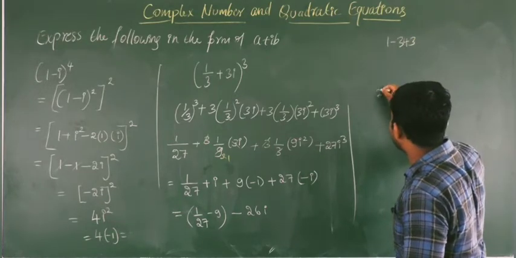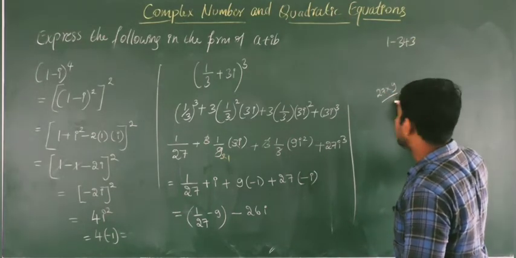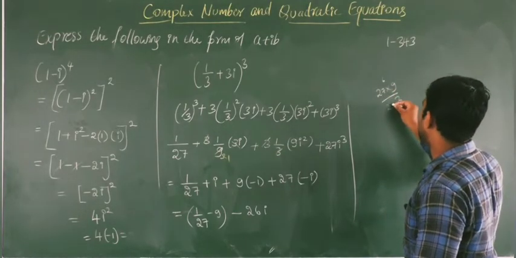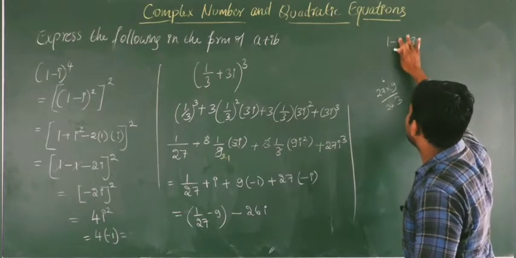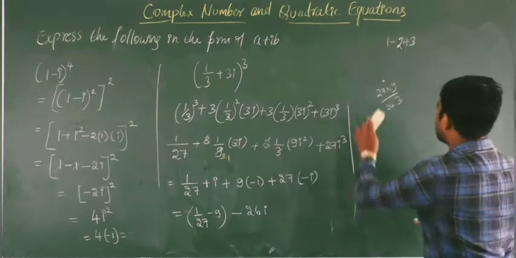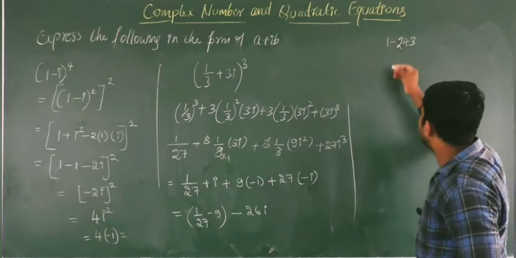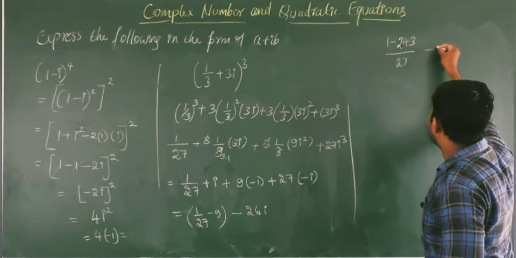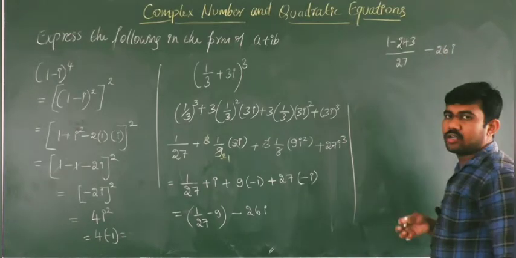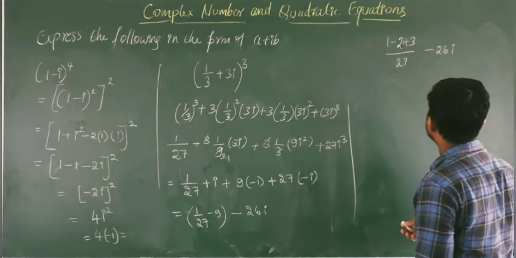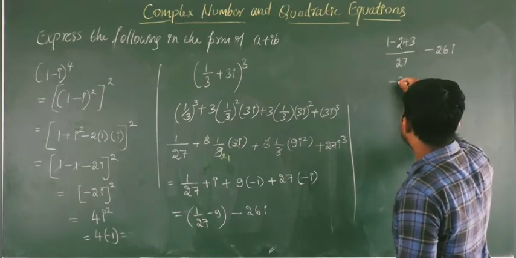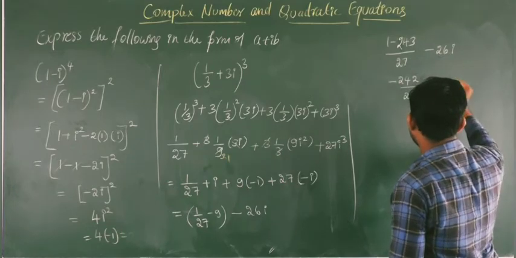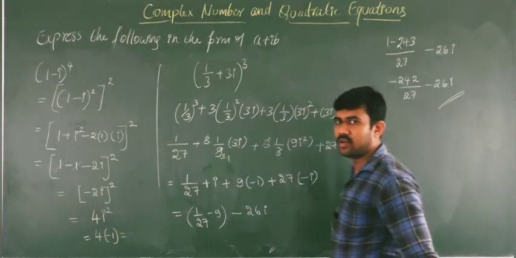You can observe 27 into 9, that is nothing but 243. So we'll get here 1 by 243 divided by 27 minus 26i, or this can be written as minus 242 divided by 27 minus 26i. Okay, this is the simplified answer.